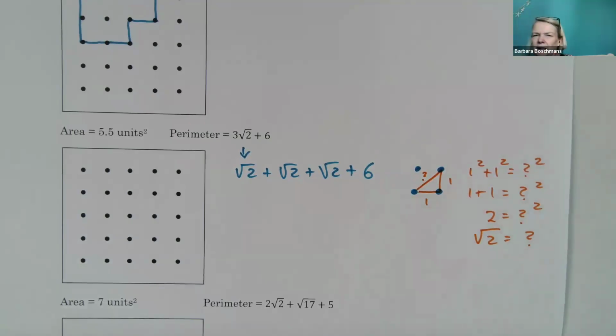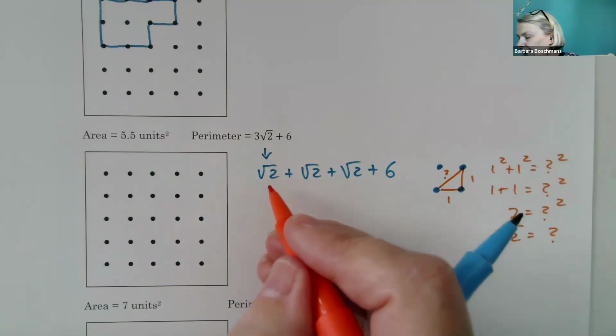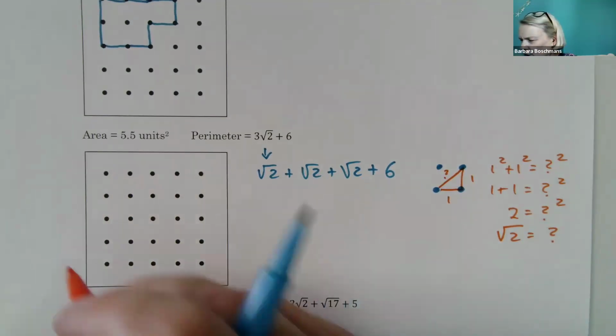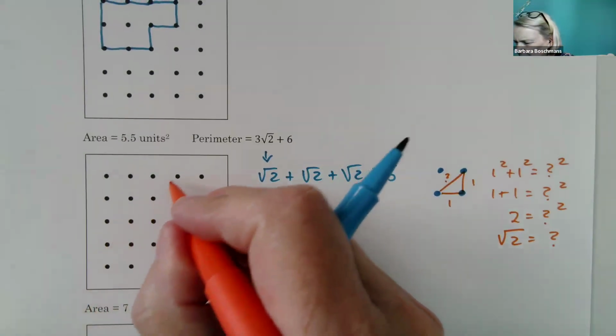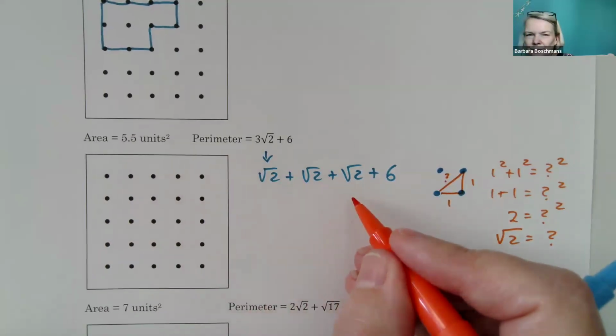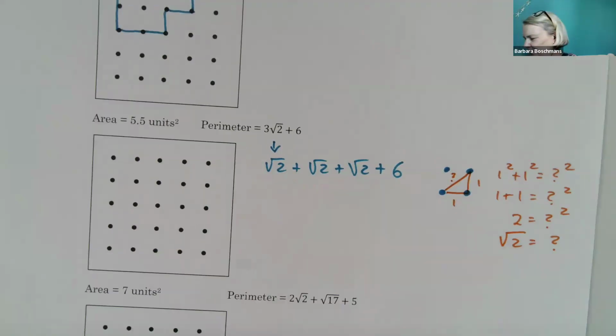So that means that a square root of 2 is just a diagonal between 2 pegs. So if you connect, for example, 3 of these, then you would have 3 square root of 2. I hope that makes sense.